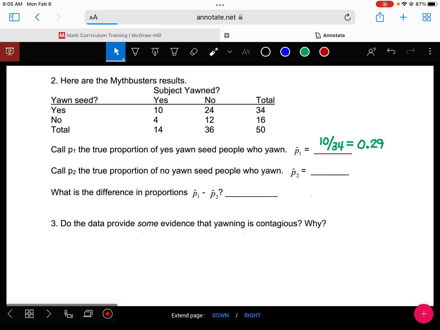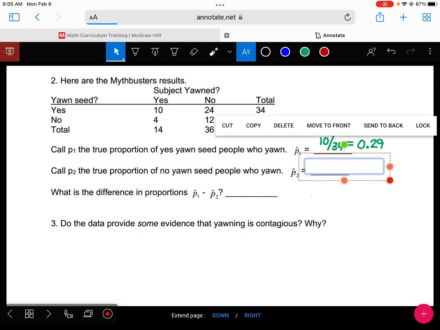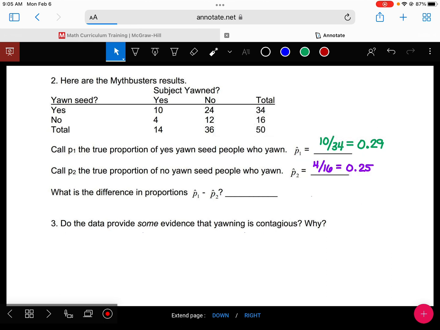No. P1 is the true proportion of people who yawn with a yawn seed, whatever that happens to be. In our experiment, what we observed was 10 out of 34 did it. P2 is the true proportion of people that yawn if they don't get a yawn seed. What was the observed proportion for P2? 0.25, yes.